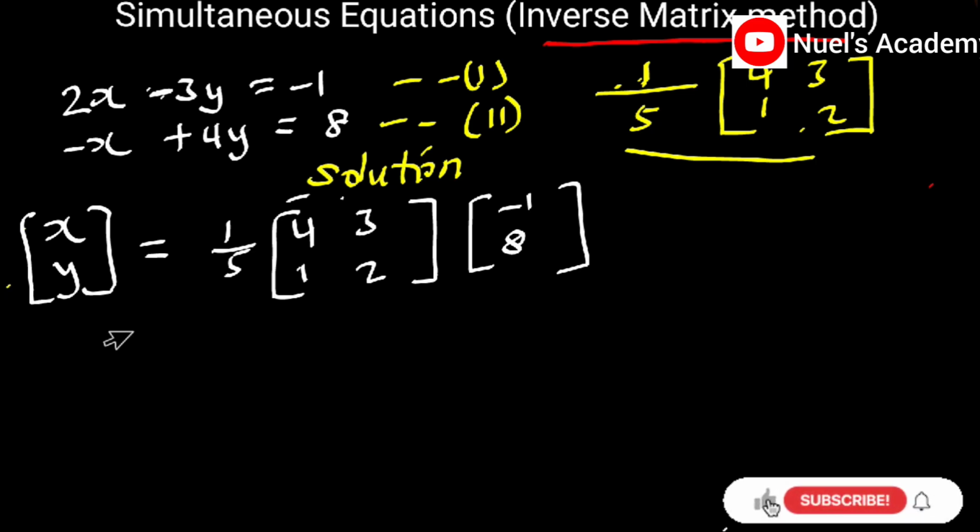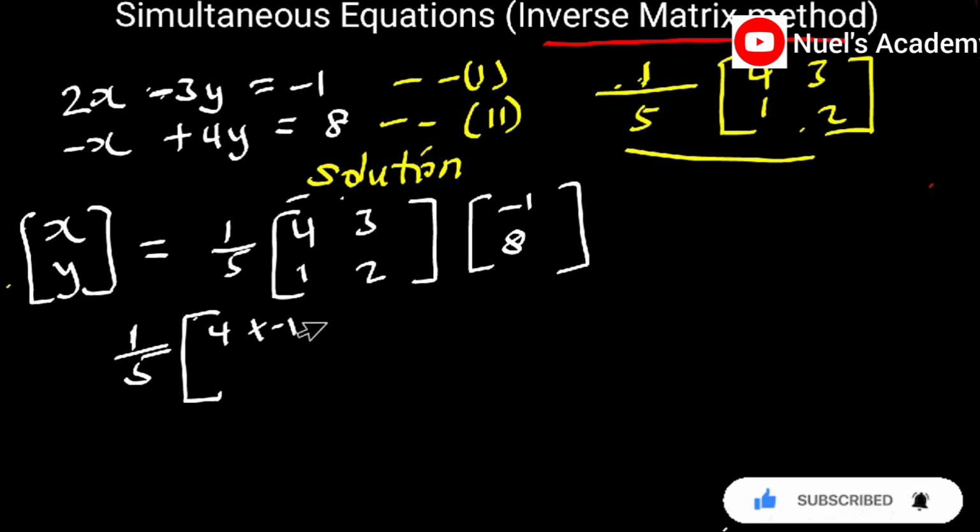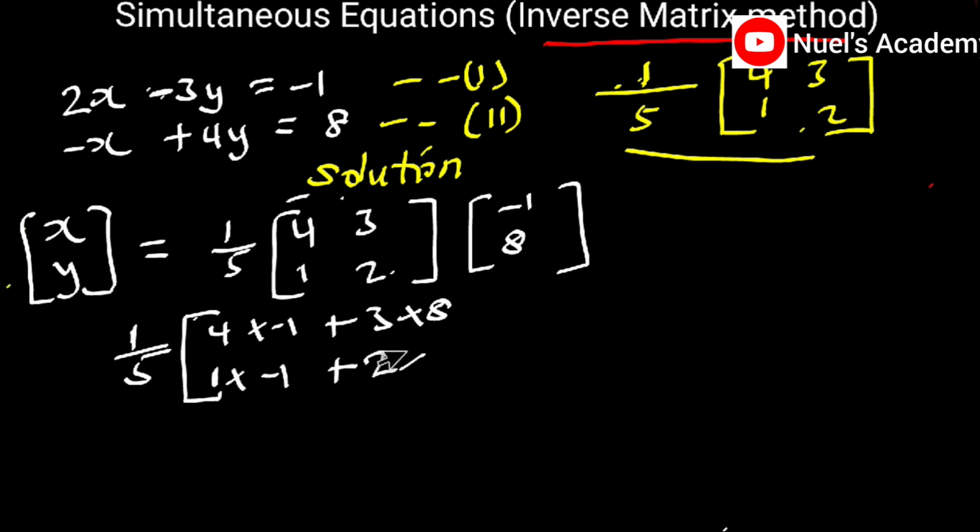So we have 1 over 5 into, we have 4 times negative 1, plus 3 times 8, and then we have 1 times negative 1, plus 2 times 8.